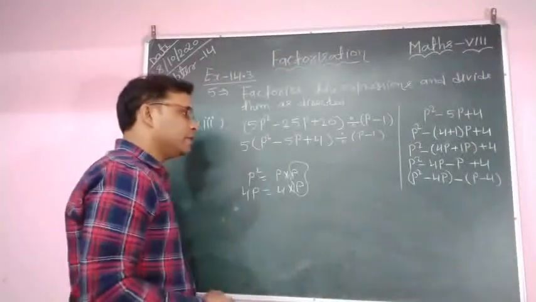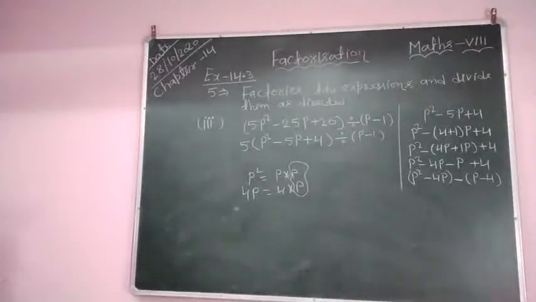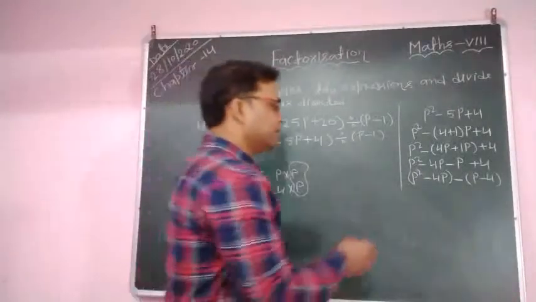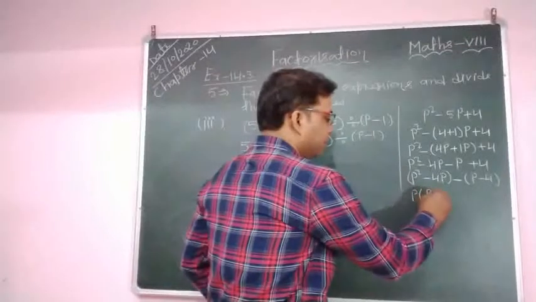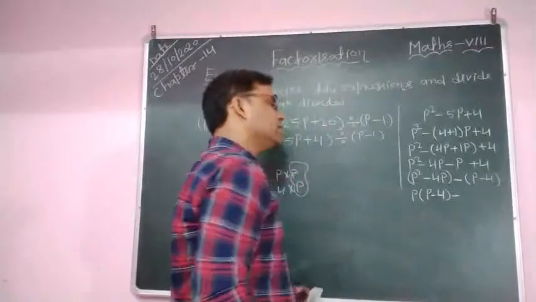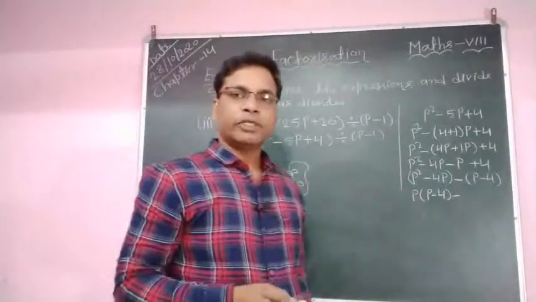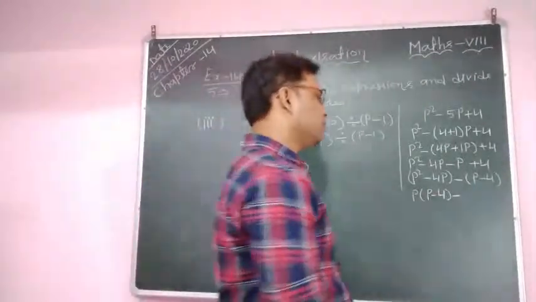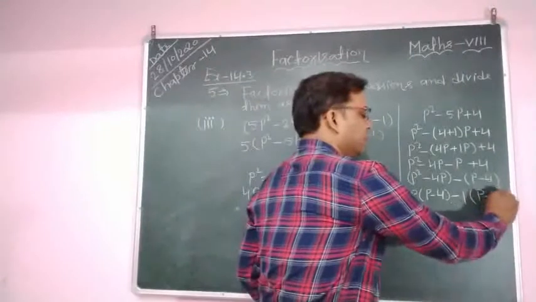If you take common p in both terms, the remainder is p as the first term and 4 as the second term, so we get p into p minus 4. In the second group, what is common is 1, so you can write 1 into p minus 4.